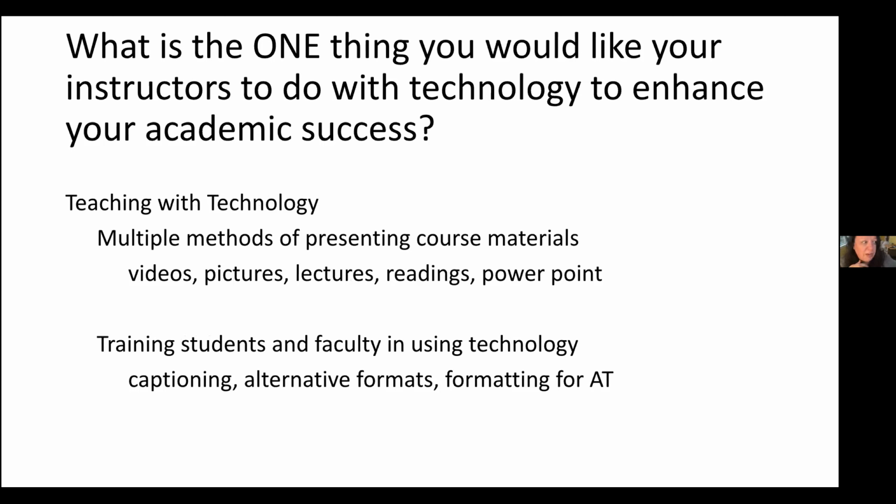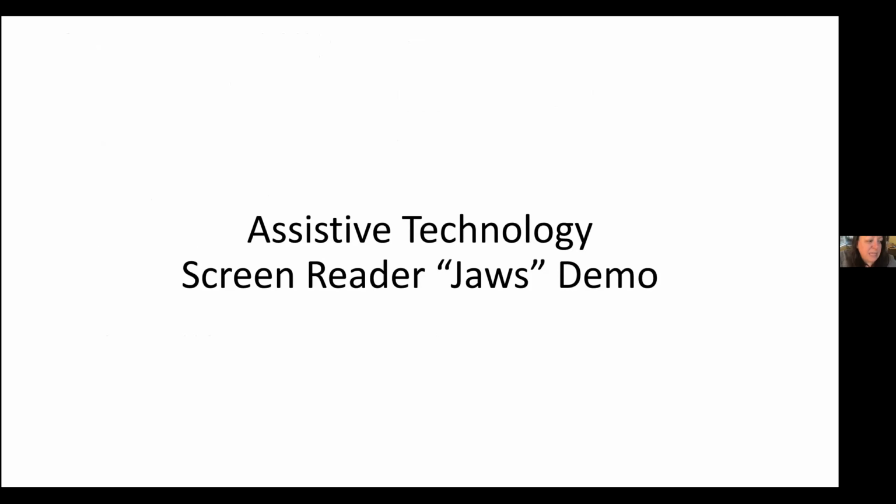Obviously, there are specific requests regarding actual technology, whether that's captions or alternative formats to documents, or again, formatting something with assistive technology in mind. And so that's what's going to bring us to our demo.